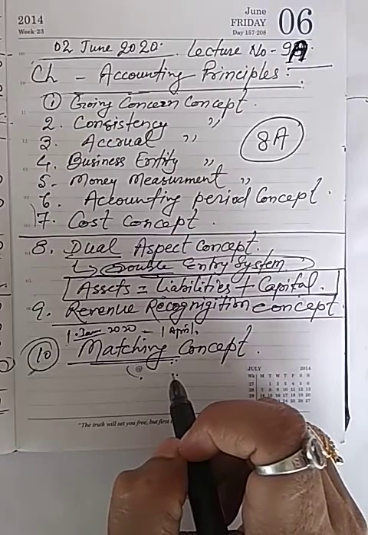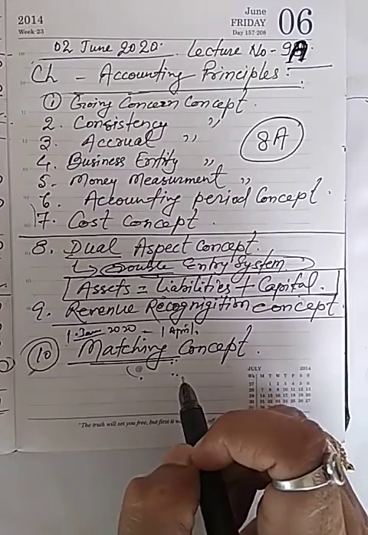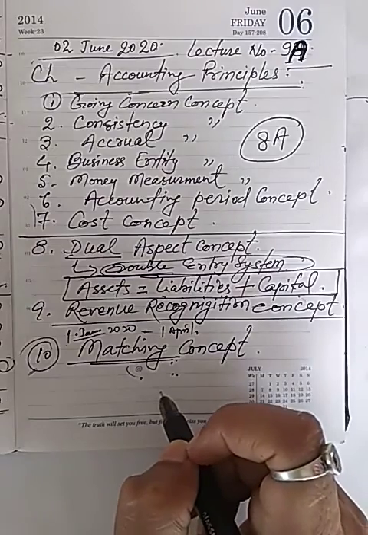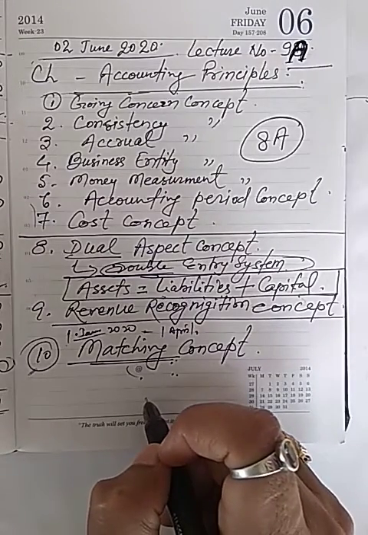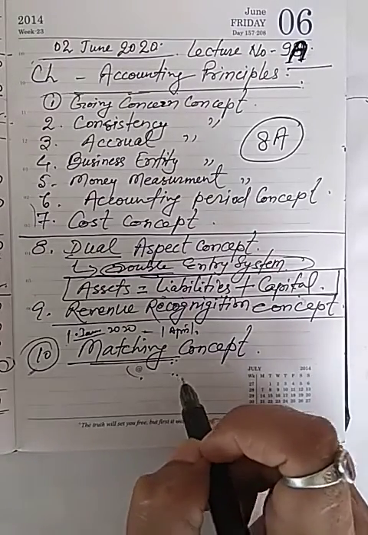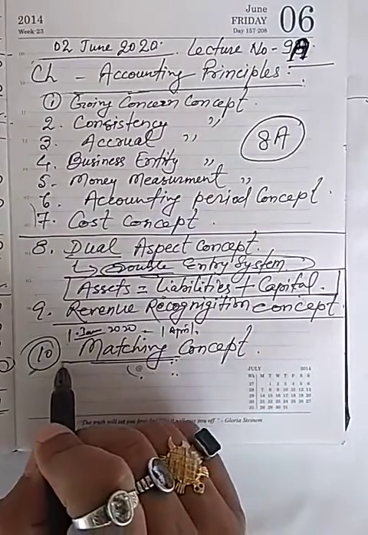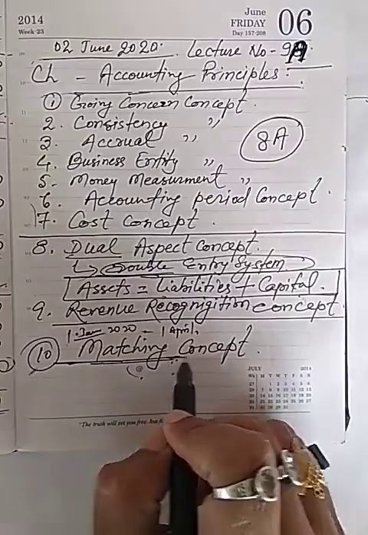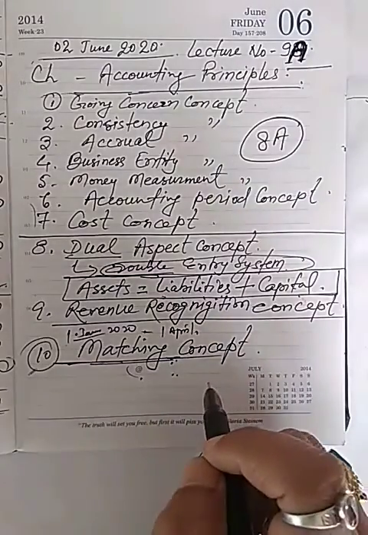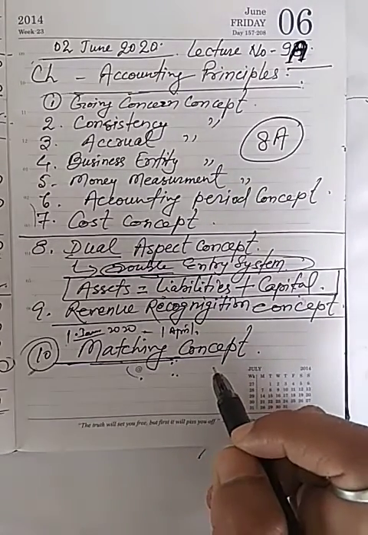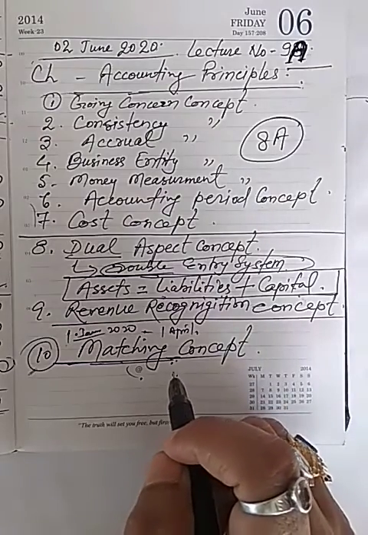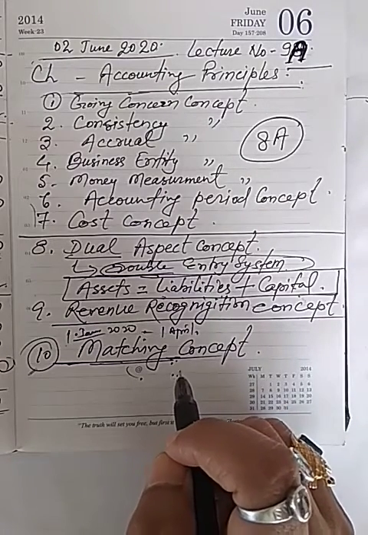Outstanding expenses, though not paid in cash, are shown in the profit and loss account. So all the expenses should be matched in the accounting year only.